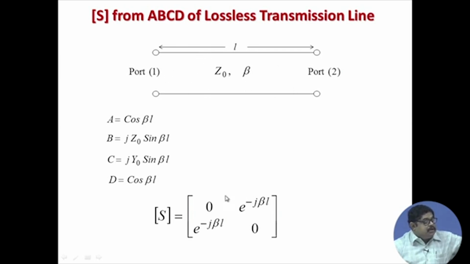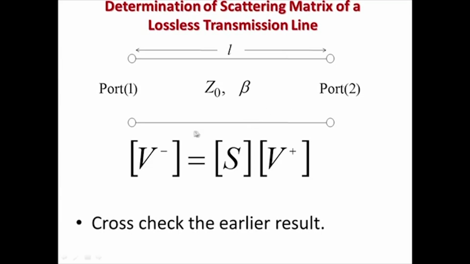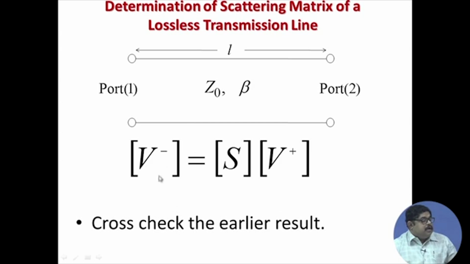For a matched transmission line, there is no reflected wave in port 1 as well as in port 2, and S11 and S22 are both 0. This we got by converting from the ABCD parameters. Now we can write V minus is equal to S V plus, and you can cross-check the earlier result.